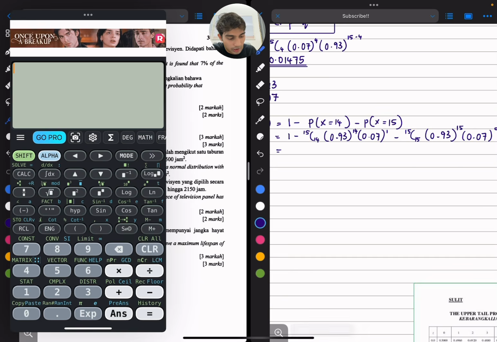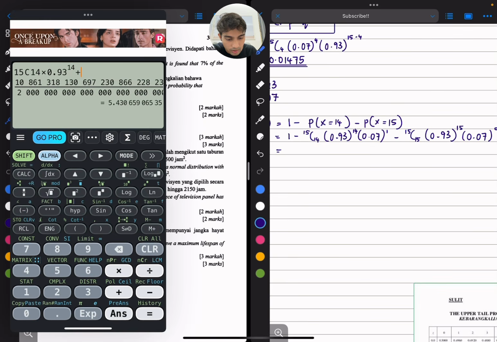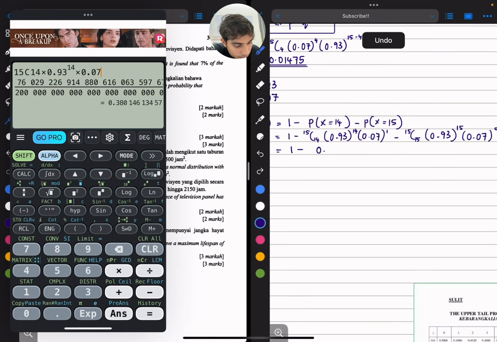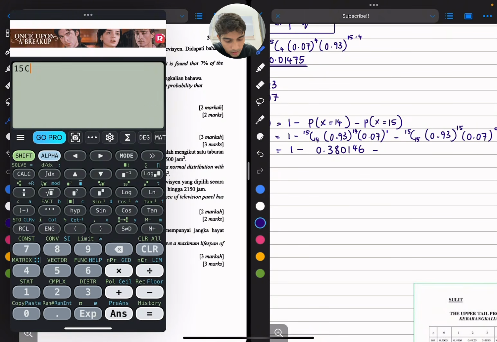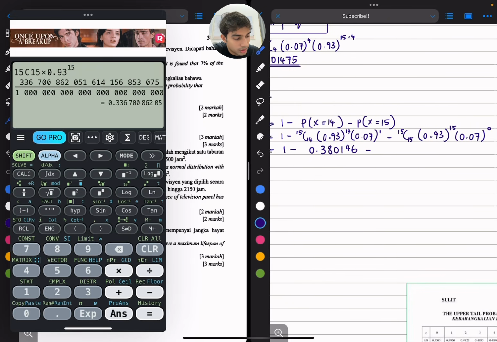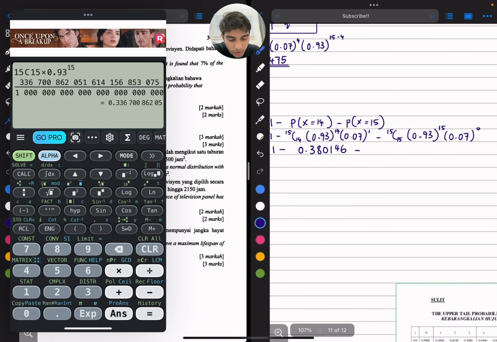We just type all this into our calculator. 15C14, 0.93 to the power 14, times 0.07, gives 0.380146. Then 15C15 times 0.93 to the power 15, and 0.07 to the power 0, which just gives us 1.